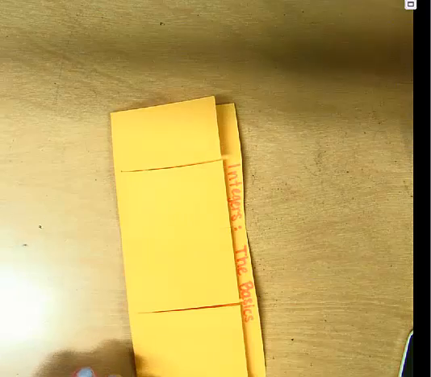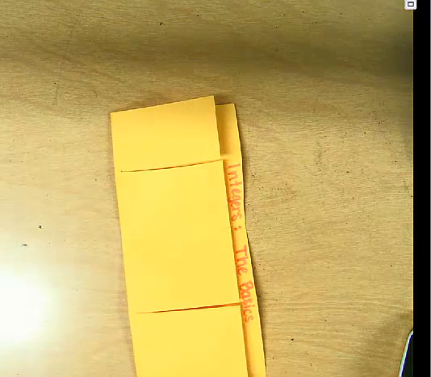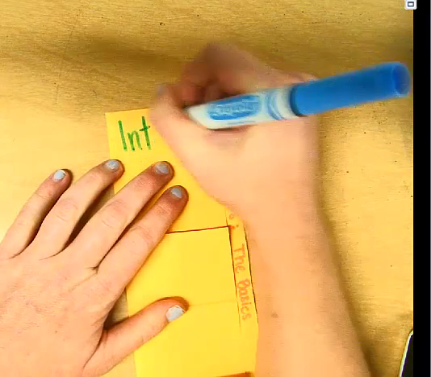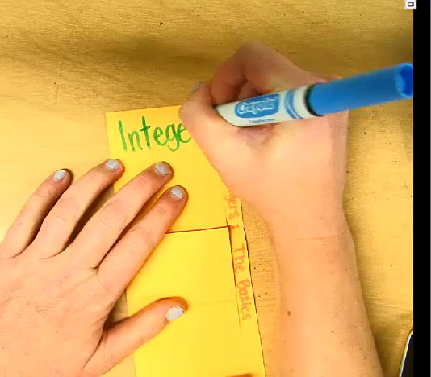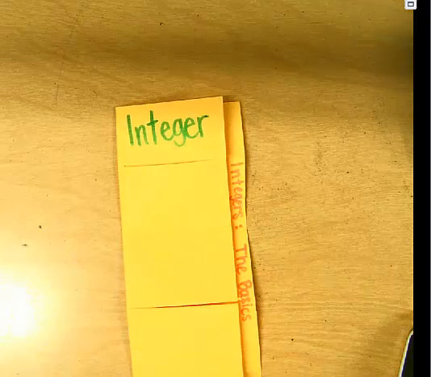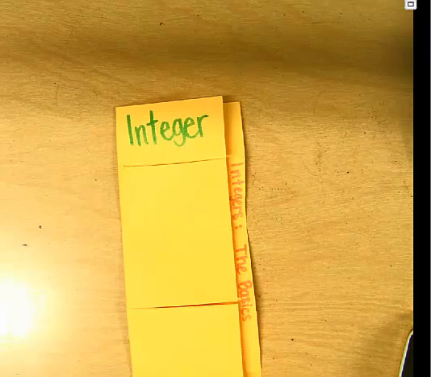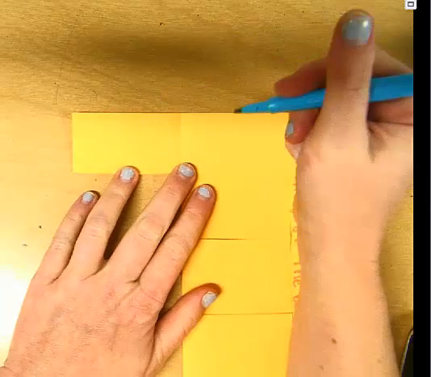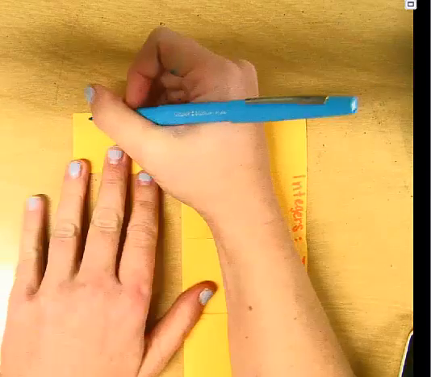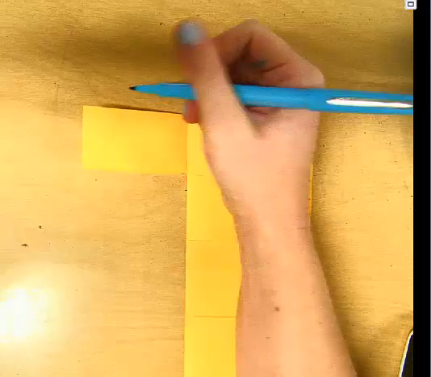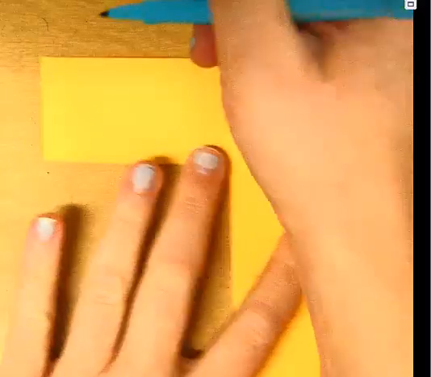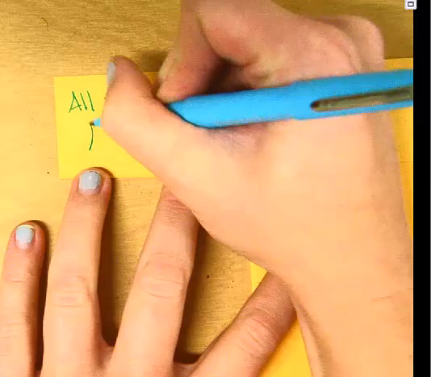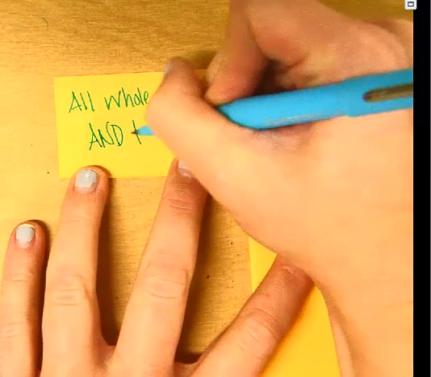And our first vocabulary word that we need to learn about is integer. We're going to put the definition on this side and examples on this side. The definition of an integer is all the whole numbers and their opposites.